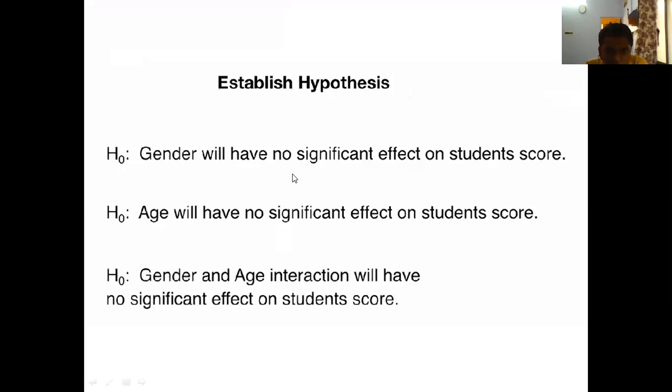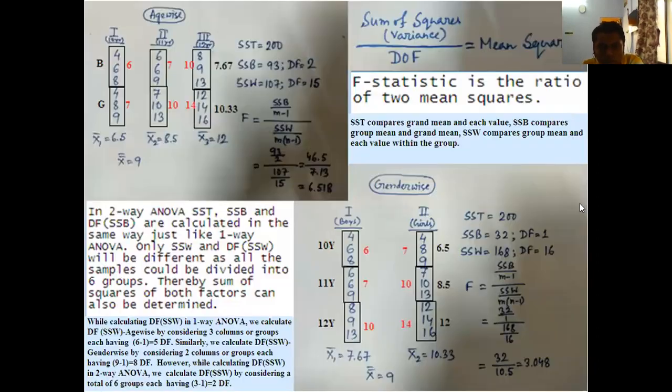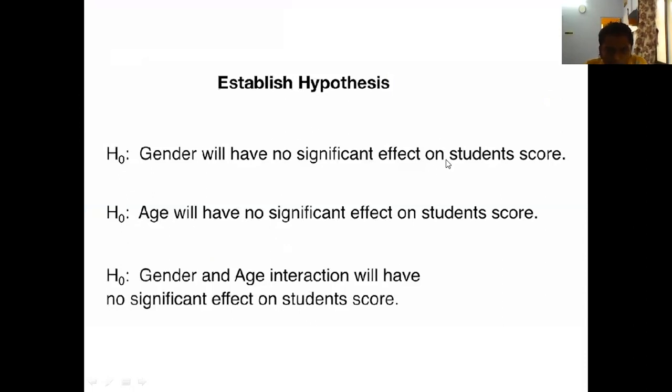Whenever you write that gender will have no significant effect on student score under the umbrella of two-way ANOVA, the factor of age is already there, and that is not captured in this analysis or this analysis. So you cannot use this result or this result for this hypothesis testing. You will have to follow a separate, different procedure that we will describe.